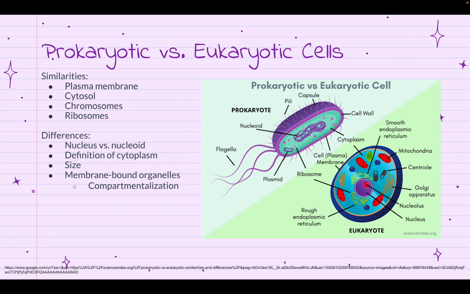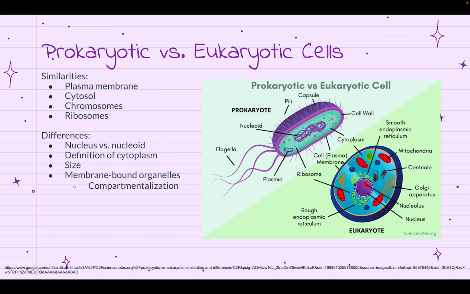The definition of what the cytoplasm is differs between prokaryotic and eukaryotic cells. You can think of the cytoplasm as basically the cytosol and everything within it. In prokaryotes, cytoplasm is literally just everything inside here. However, for eukaryotes, it's everything excluding the nucleus and what's inside it.